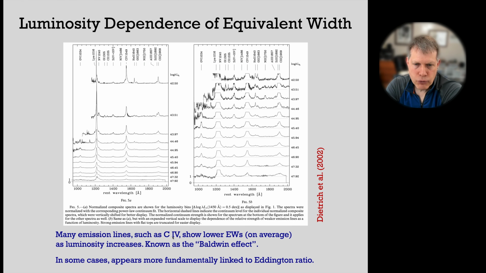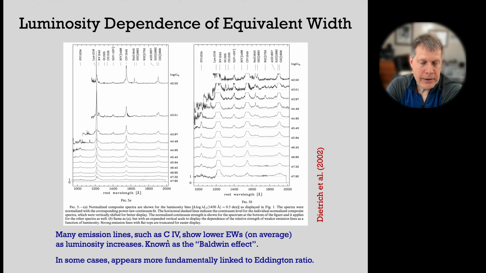Carbon-4 is one of the most prominent examples, and this behavior of the equivalent widths dropping as the luminosity increases is broadly referred to as the Baldwin effect, after one of the astronomers who originally noted and emphasized the possible importance of this phenomenon.